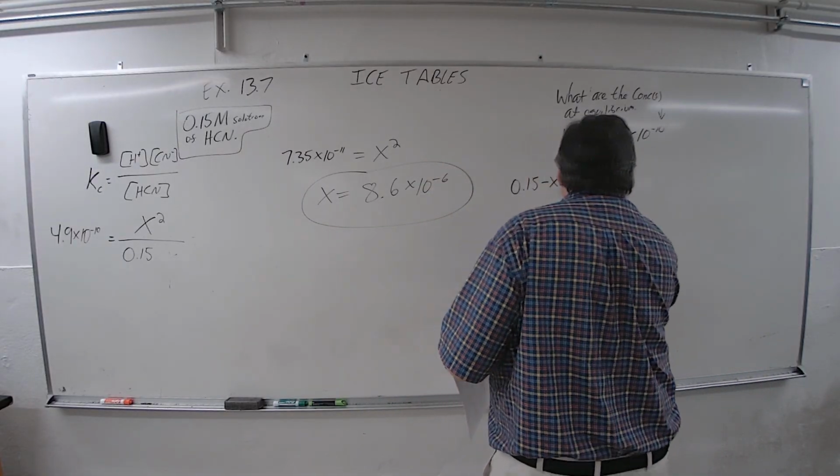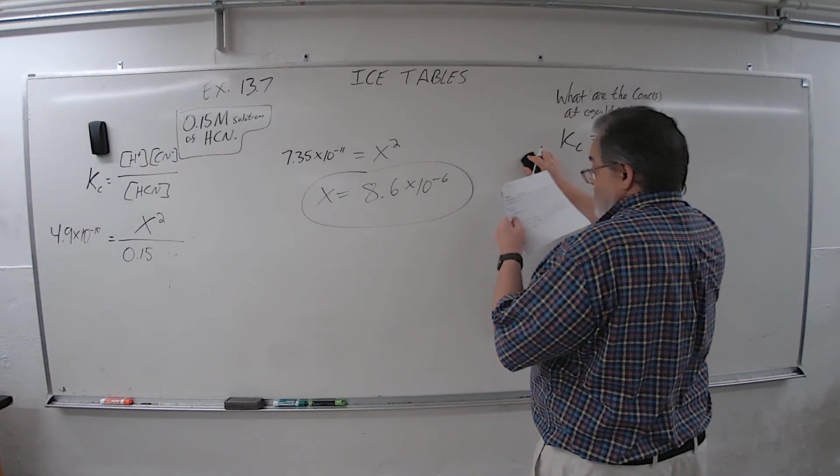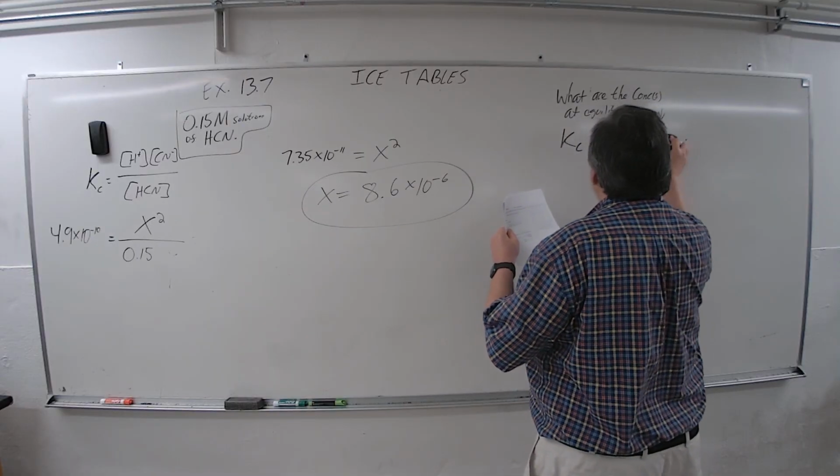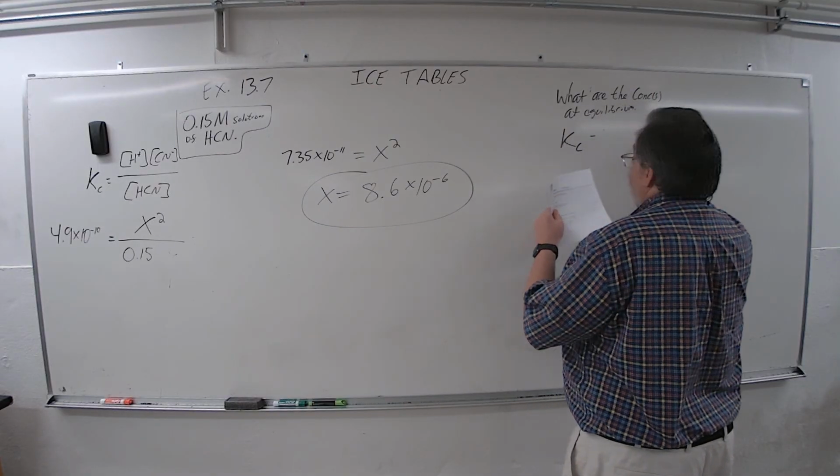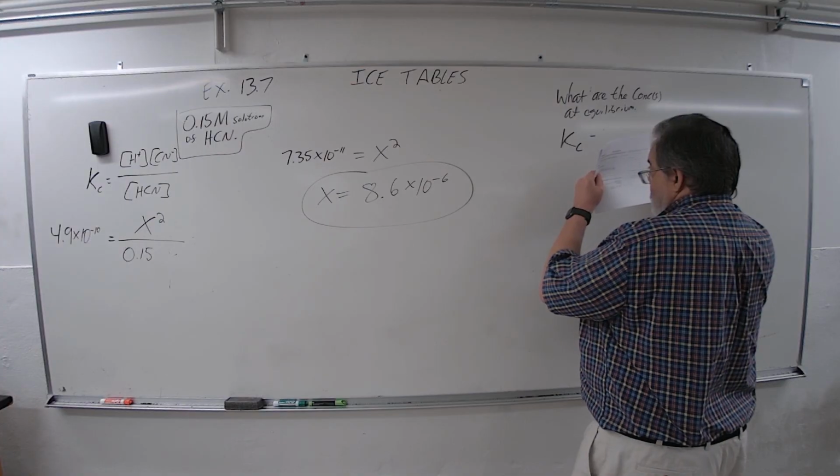This one is an actual weak acid. So we'll have a Ka.